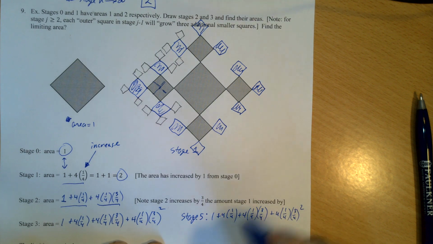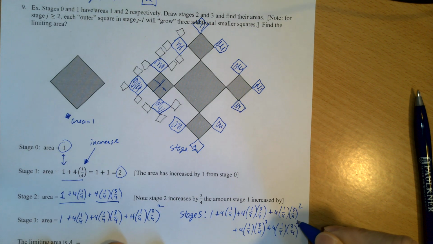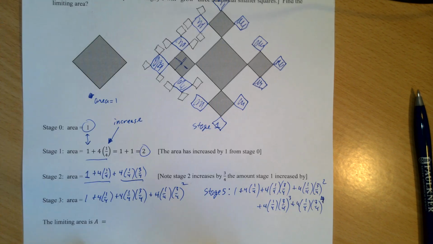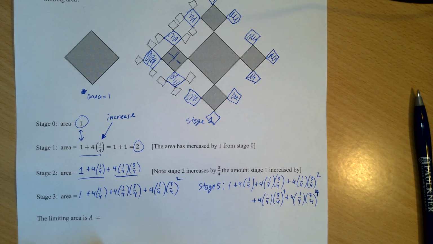Now I need 2 more terms, so plus 4 times 1/4 times 3/4 to the third plus 4 times 1/4 times 3/4 to the fourth. And if you'll notice, I didn't simplify yet. All of this is going to simplify greatly.